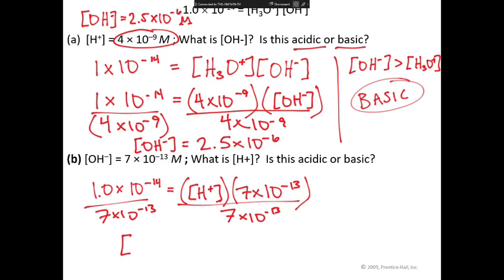Okay, I'm getting H plus concentration is about 1.4. I guess with sig figs I could just round it to 1 because that says 7 there. It's about 1 times 10 to the negative 2.